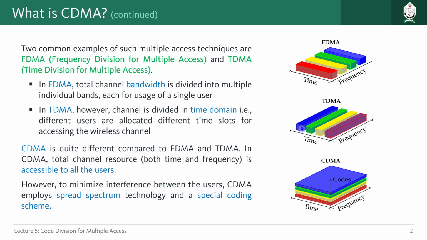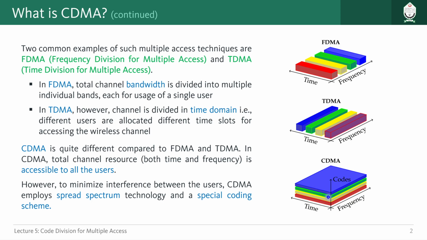For TDMA, this happens in the time domain. But for CDMA, you see all the users can get access to all the frequency and time available for our system or channel. Now CDMA uses spread spectrum techniques, like we discussed in our previous lectures.